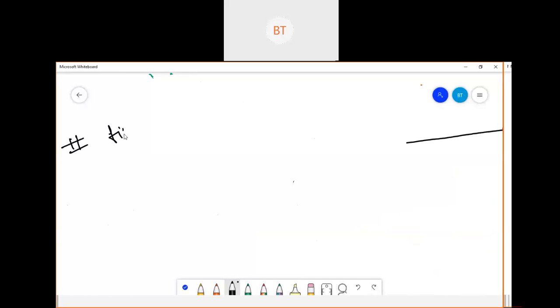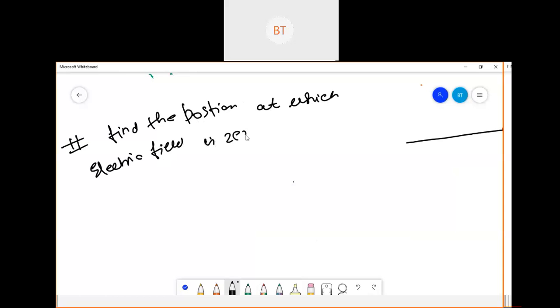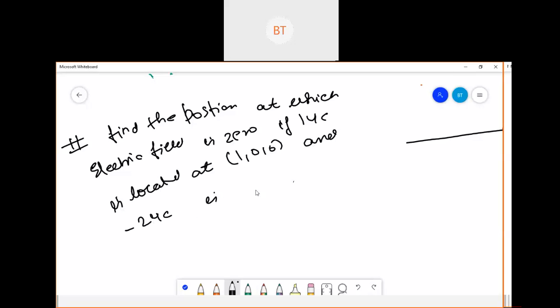The question was like this: find the position at which the electric field is zero if 1 coulomb is located at (1, 0, 0) and minus 2 coulomb is located at (2, 0, 0).